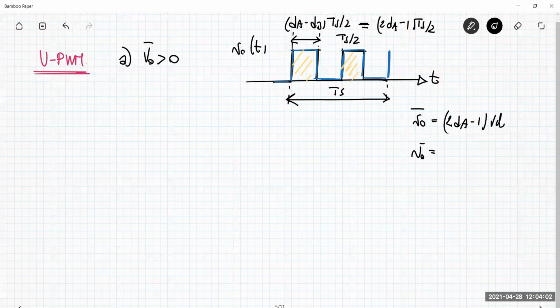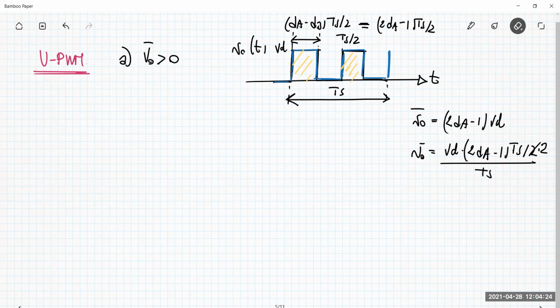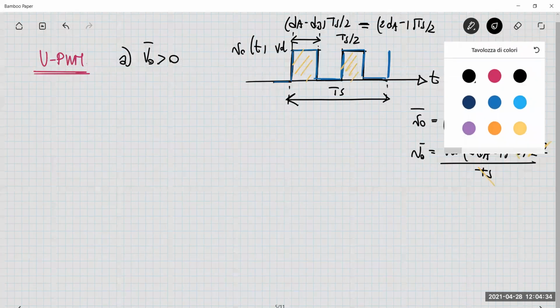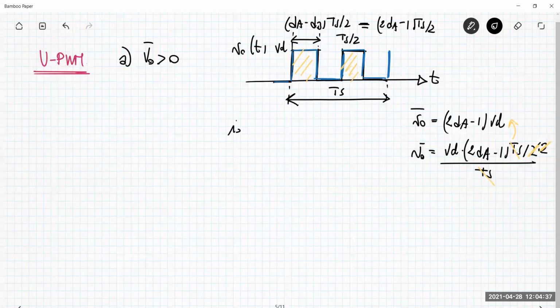This area is Vd, which is the height, multiplied by the width, and the width is 2 da minus 1 Ts over 2, over Ts, and this is multiplied by 2 because we have two pulses. So this 2 cancels out, Ts is Ts, and then you get exactly what we already know. Just as a verification.